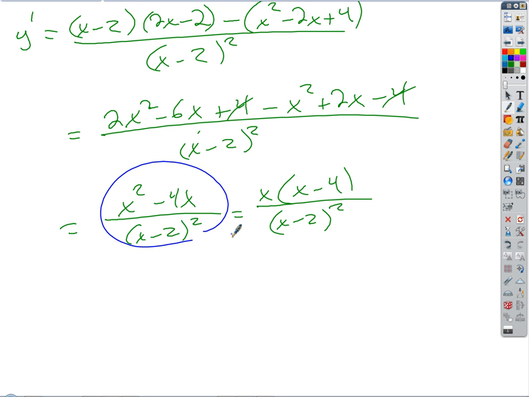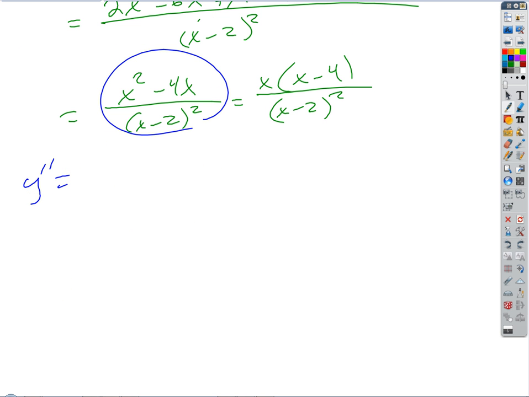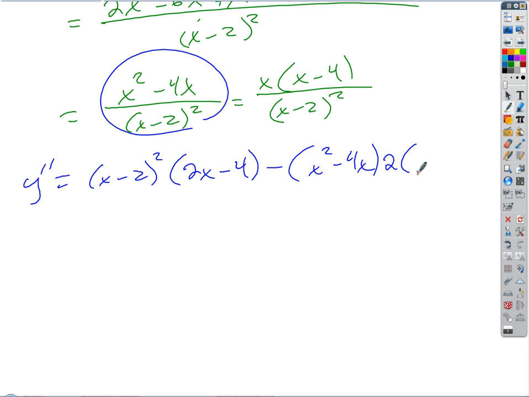So we get bottom times derivative of the top, which is what? 2x minus 4, minus top, x squared minus 4x, times derivative of the bottom, 2. Divided by x minus 2 to the fourth, right?